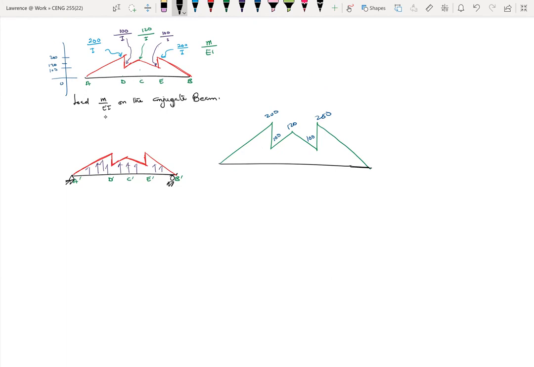Now this is what we have. Now everything becomes geometry, or math. We are looking for these support reactions. The goal is to find the deflection at C, but before then, we need to find VA prime and VB prime. If you look at this carefully, we can divide it into a series of triangles and rectangles.